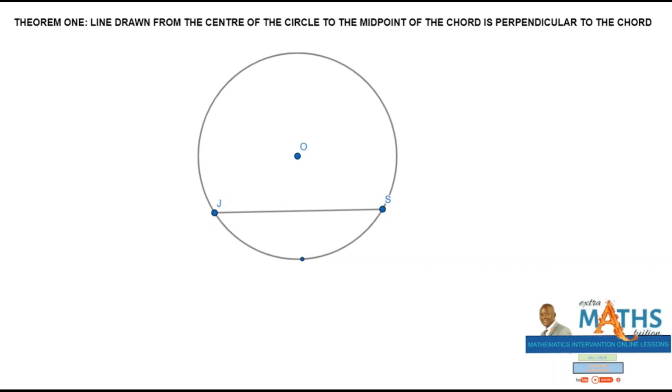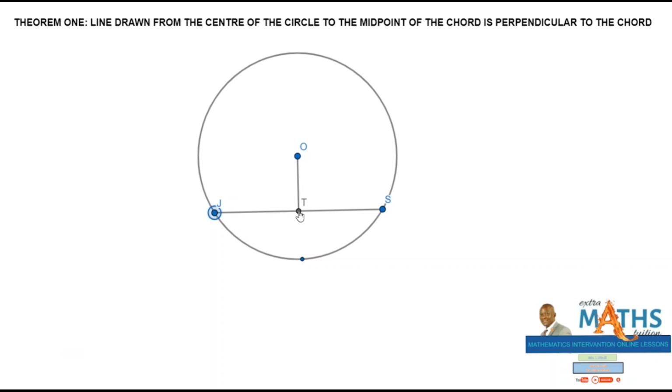This chord needs to have a midpoint. There is our midpoint, which is T. And then our theorem also says that this line starts from the center of the circle to the midpoint of the chord. Let us discover what angle it forms after that.